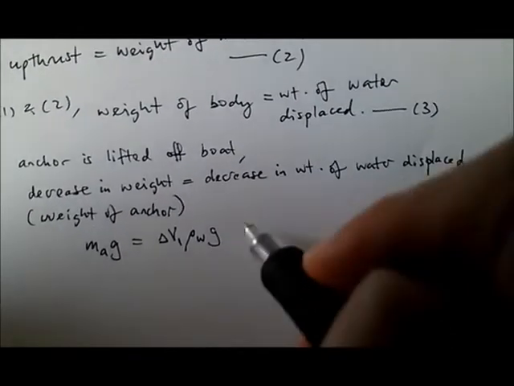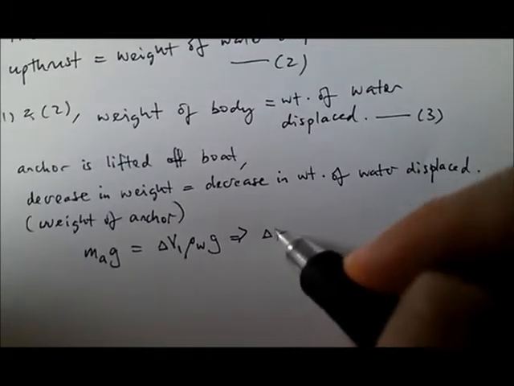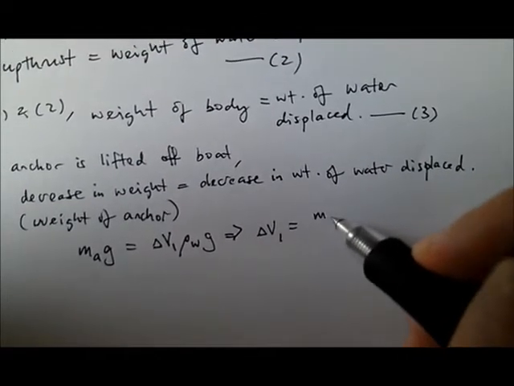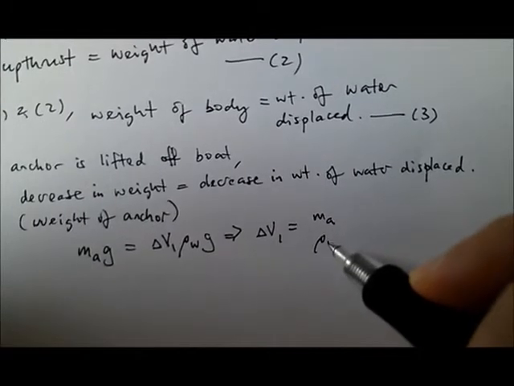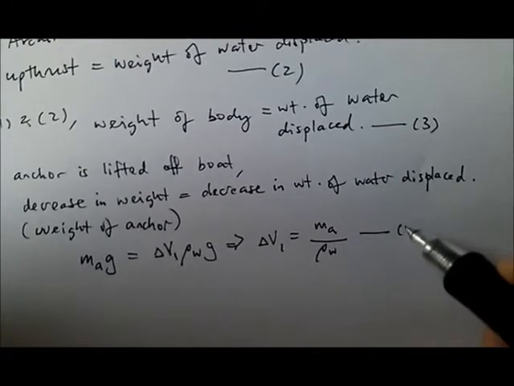So we can go one further step and calculate delta V1, which is then equal to the mass of the anchor divided by the density of water. Let's call that equation 4.